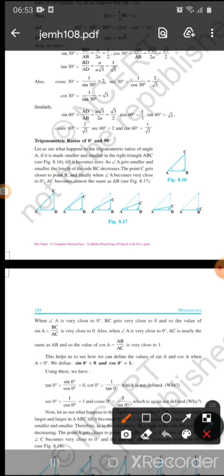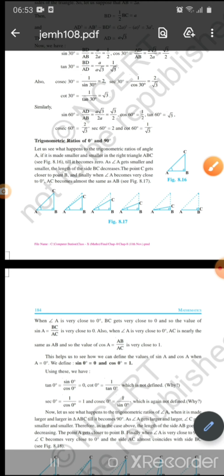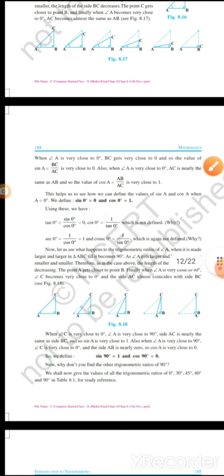So here we have one right angle triangle. If I change this AC, the angle of the AC towards AB, what's going to happen to my ratios?